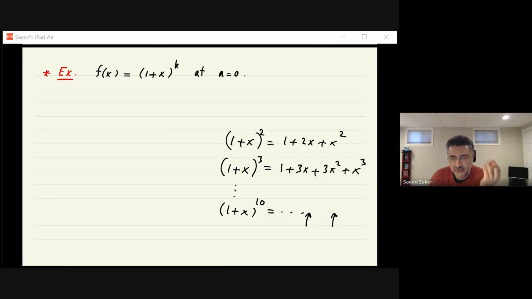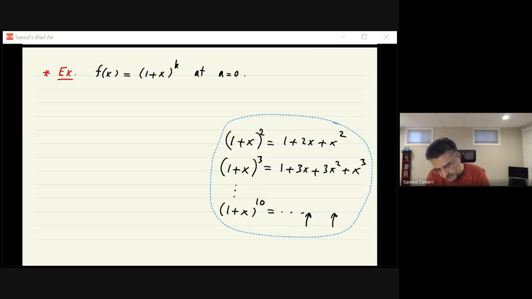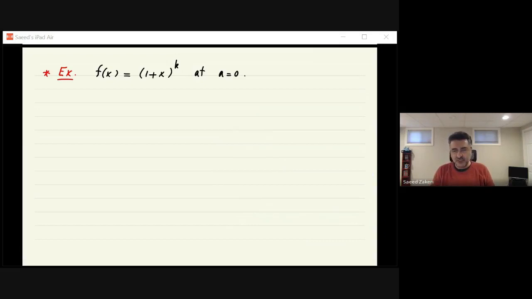It's not 1, 2, 3, 4. It could be anything. So for example, k could be a fraction, 2/3, 1/2. It could be an irrational number. It could be pi, like (1 plus x) to the power pi. It could be sort of arbitrary. So what we are trying to do here is slightly more general than the elementary case of (1 plus x) squared or (1 plus x) cubed and so on.